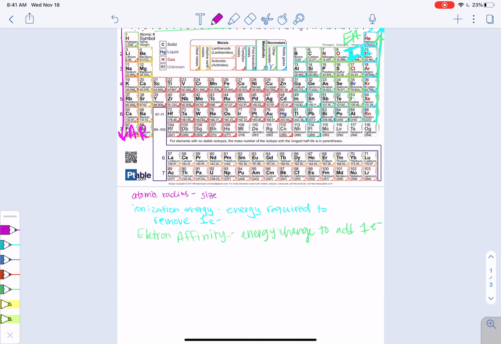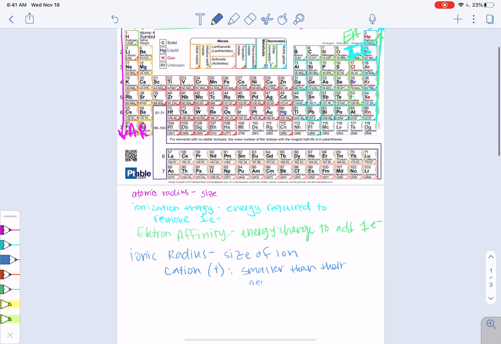Okay, the next one we talked about was ionic radius. And this is the size of an ion. So we learned two things. We learned that a cation is positive, and these are smaller than their neutral counterparts, neutral version.